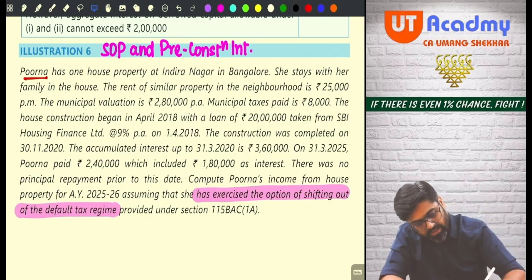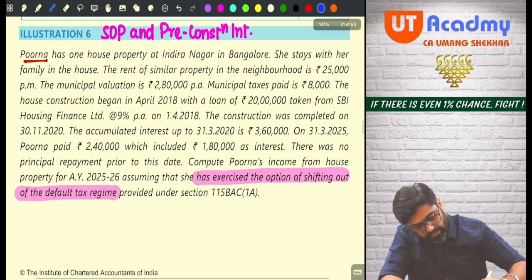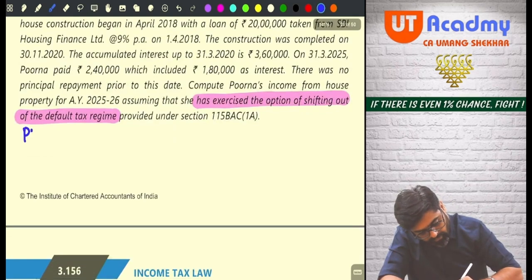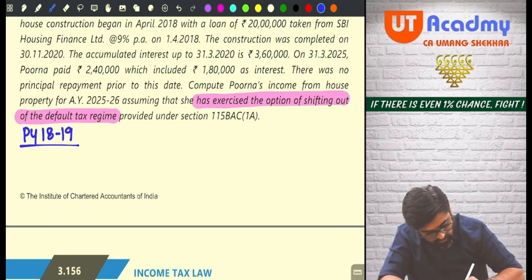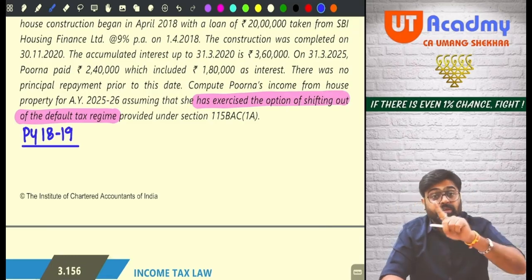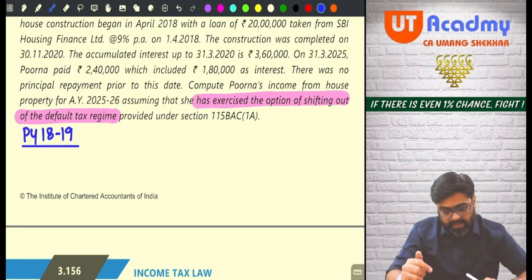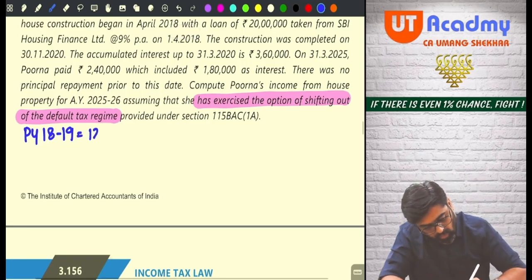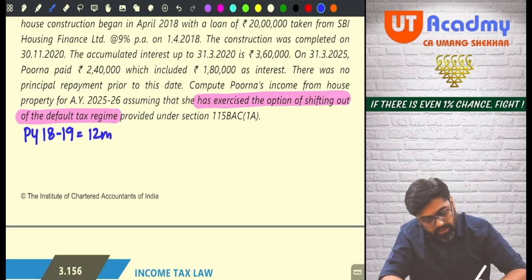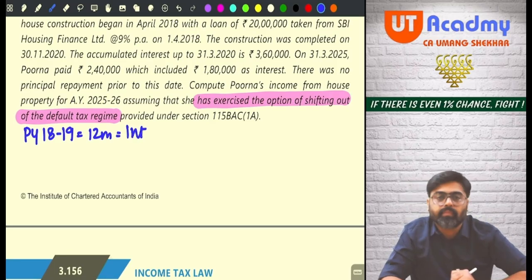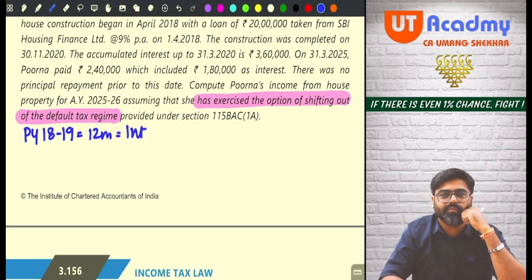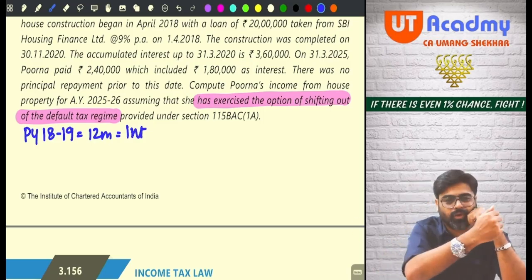So can I say that in the previous year 2018-19, 1st April you took the loan. 1st April 2018. So for the entire year 18-19, 12 months, you would have paid interest, but that interest was not allowed to you because that year the construction was going on.